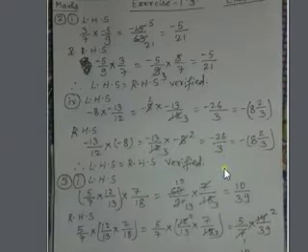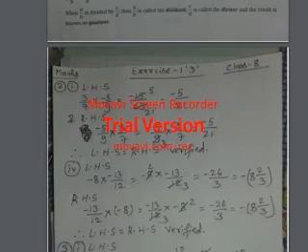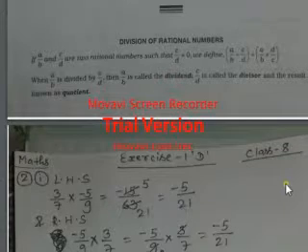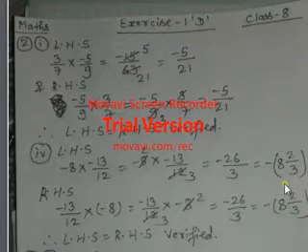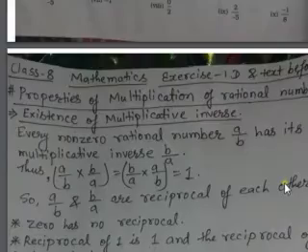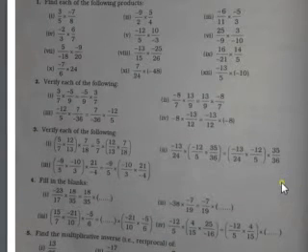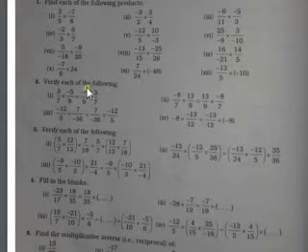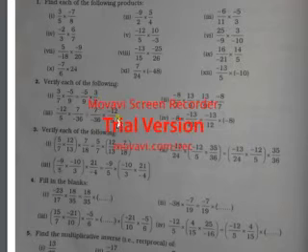In question number 2, it is verification. You have to verify whether the given terms are equal or not. In question number 2, LHS is 3 by 7 into minus 5 by 9, and RHS is minus 5 by 9 into 3 by 7.